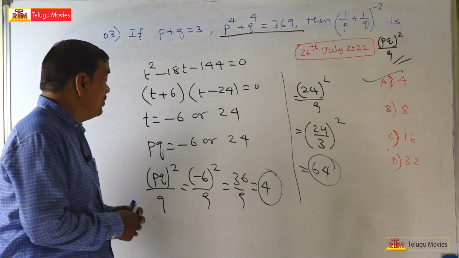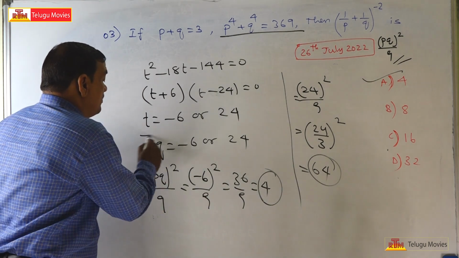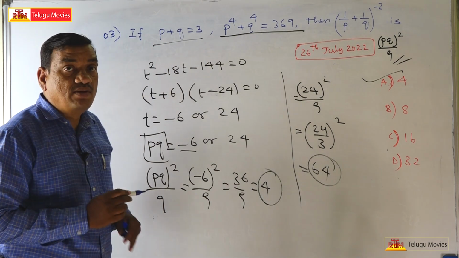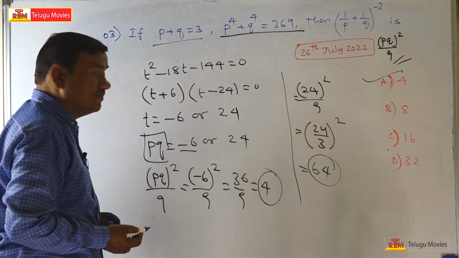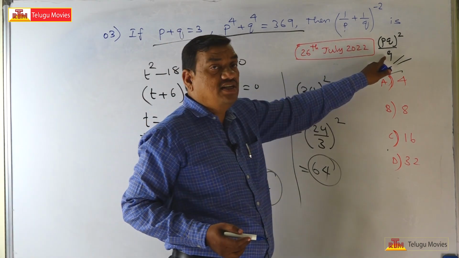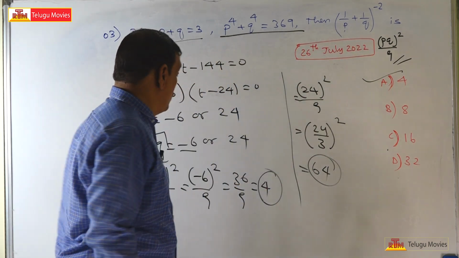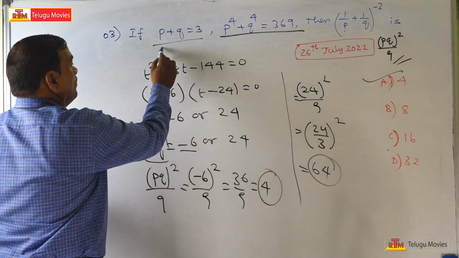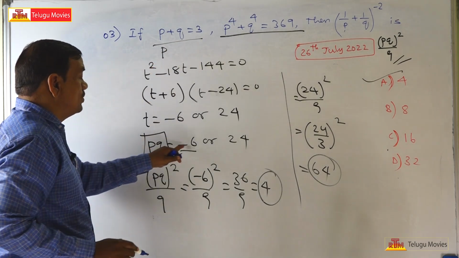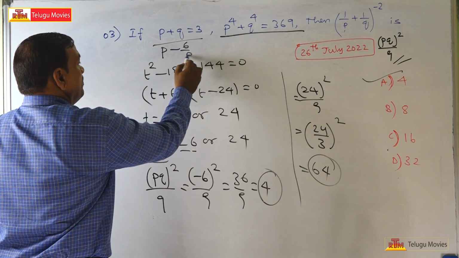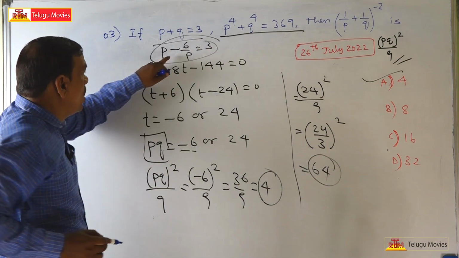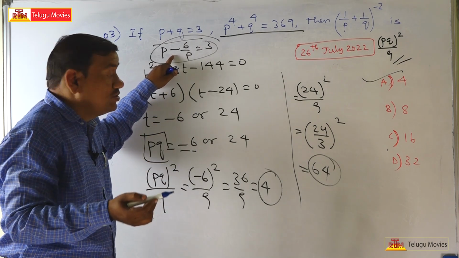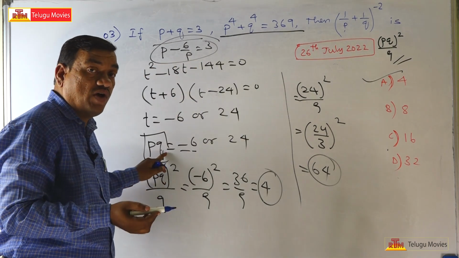Generally students, what they will do now, after getting PQ is equal to minus 6, again they will take the equation P plus Q is equal to 3. If you didn't simplify this, generally students will do that only. So P plus Q is equal to 3, therefore Q is equal to minus 6 by P, P plus Q is equal to 3, and they start doing the quadratic equation, and the P value they will get 2 values, and again they will get the Q values.